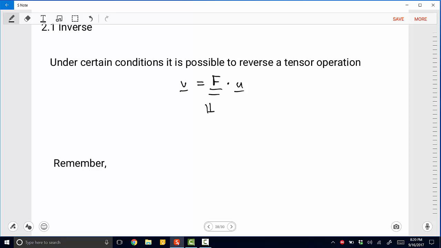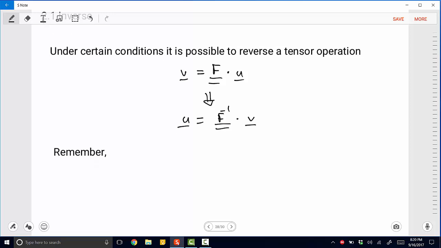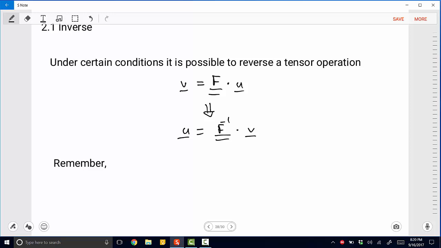Well, for some tensors, we can reverse the process and find the input by inverting our tensor and performing the dot product with respect to the output vector, right? In some cases.